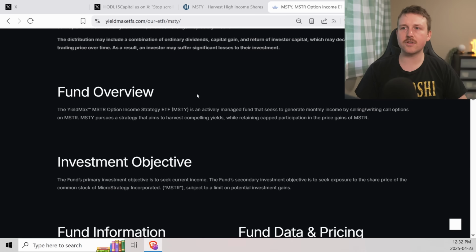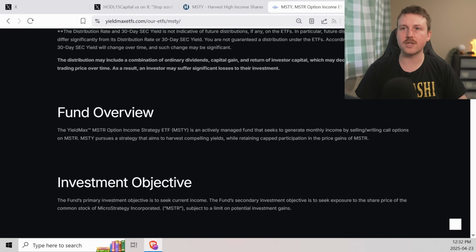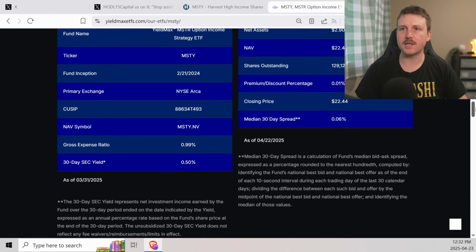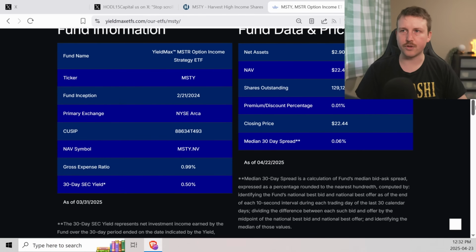The objective of this strategy is to seek exposure to the share price of the common stock of MSTR and also spit out income in dividends to the individuals holding the funds. So they write calls or sell call options on MSTR, and they harvest the premium basically from the volatility within there. That's a broad overview of what they do.